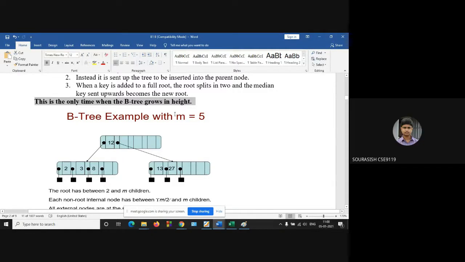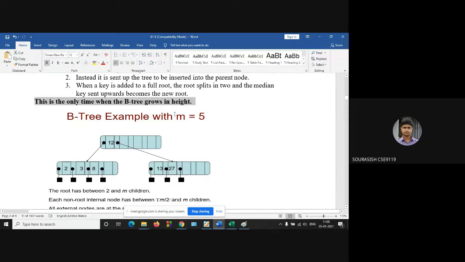Sir, suppose all the leaves are full and then we insert another key. Yes. Then obviously the root will also get full at some point. So suppose the leaves and the root are full and we insert one again.